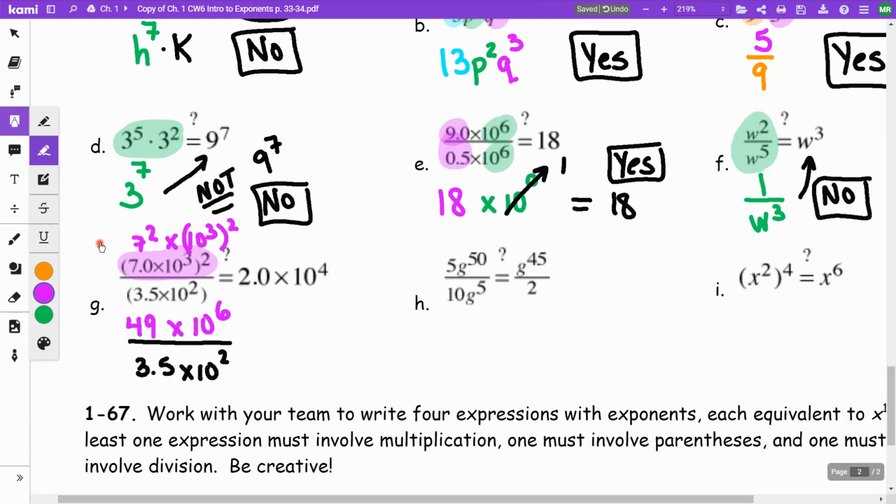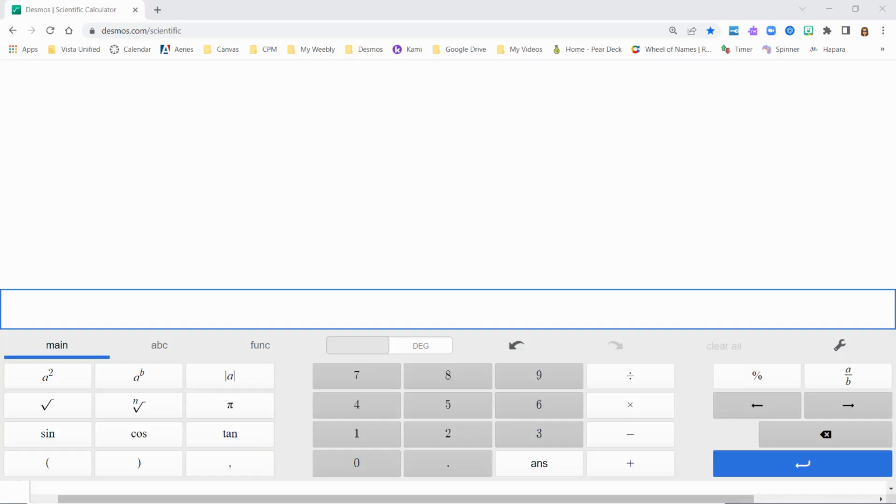Now, when I'm working this out, I want to think how many times does 3.5 go into 49? Well, 3.5 is half of 7, so 2 of them goes into 7, and 7 7s go into 49. So if I end up doing this, we're going to end up with 14, but you can also see that here.